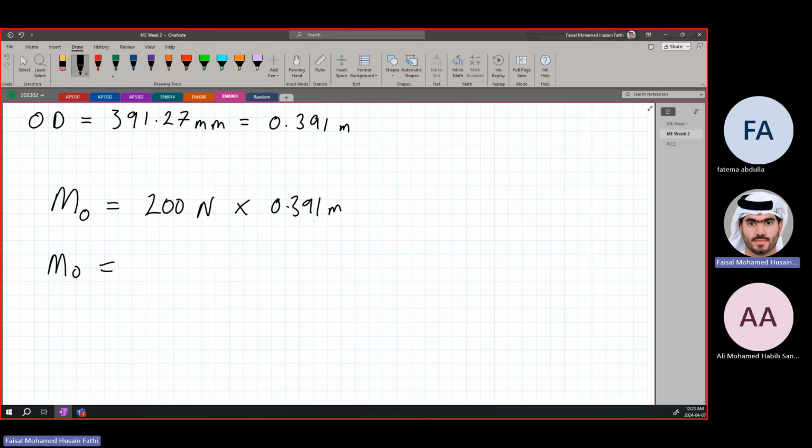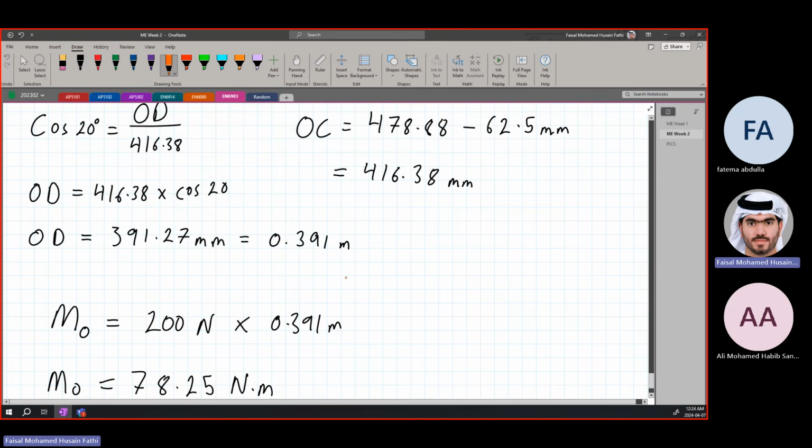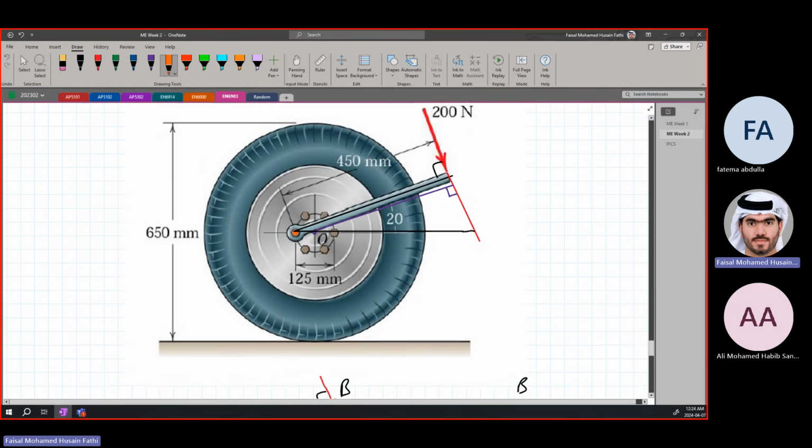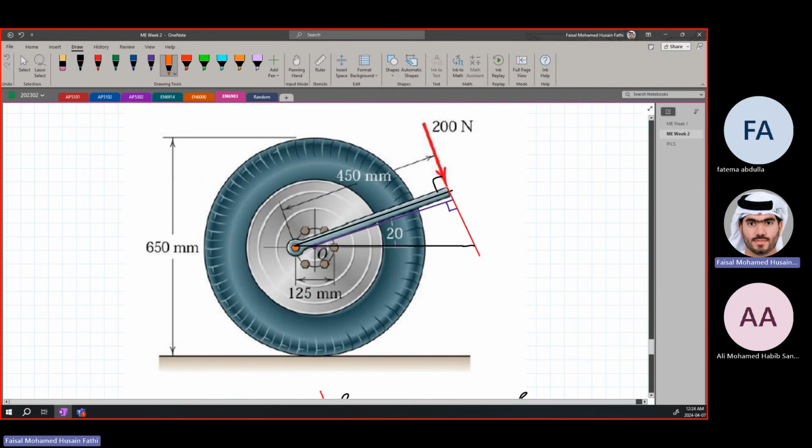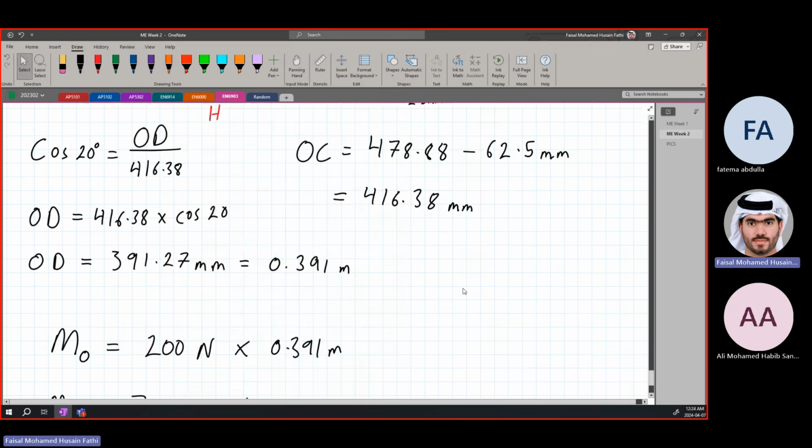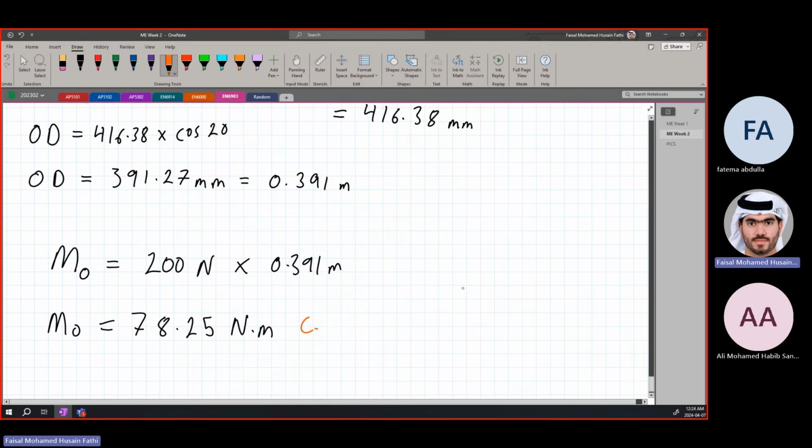So the moment about O is equal to 200 times 0.391 meters, which is 78.25 Newton meter. Okay? Last thing we need to do is know the direction of it. The force is going this way, so it's going to cause a clockwise moment. So the direction is clockwise.